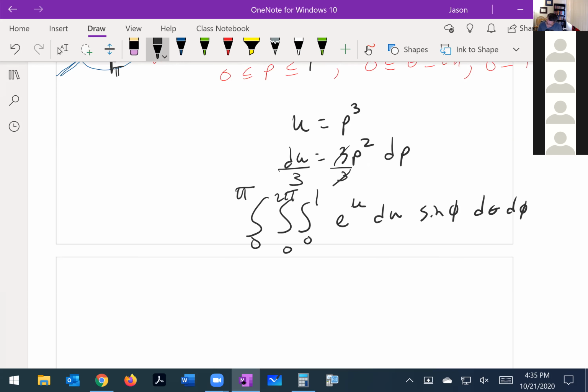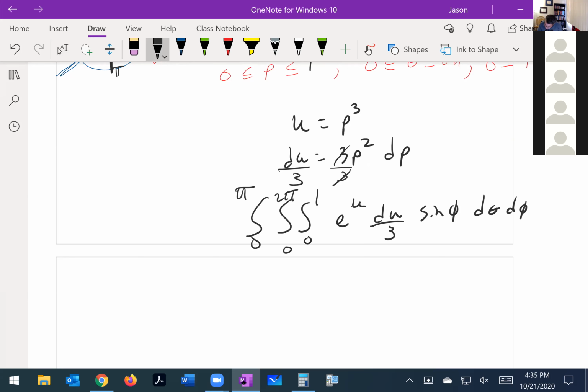So we have e to the u du sine phi d theta d phi. What's the integral of e to the u? It's just e to the u. Oh, this was du over 3. I missed that. Thank you. So this is du over 3.